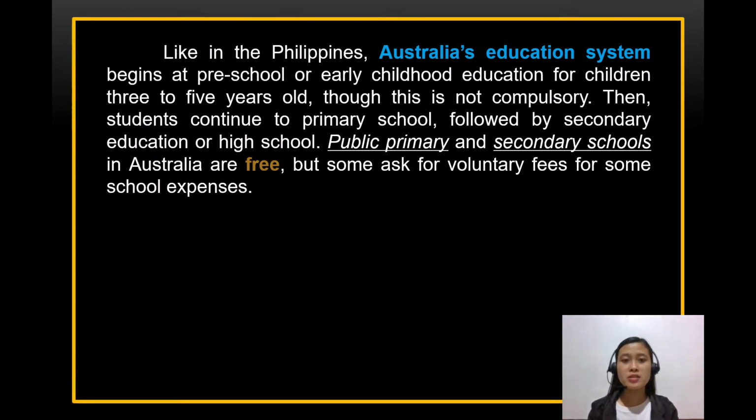Australia's education system, like that of the Philippines, begins with preschool or early childhood education for children aged 3 to 5 years old, though this is not mandatory. Students then proceed to primary school, then secondary schooling, or high school. Public primary and secondary schools in Australia are free, but some ask for voluntary fees for some school expenses.